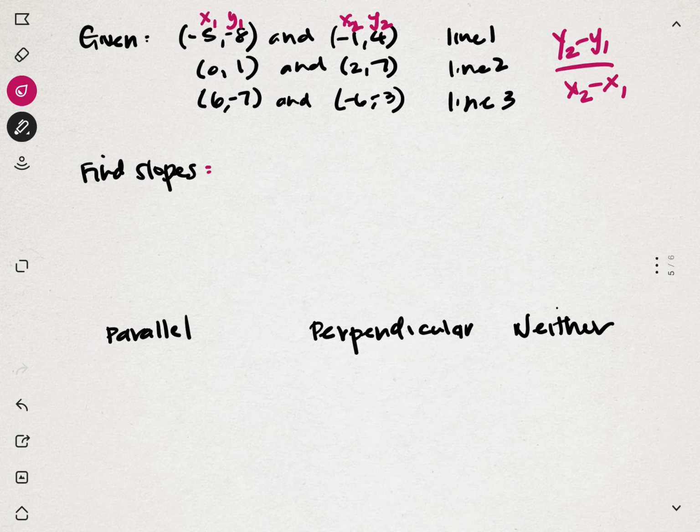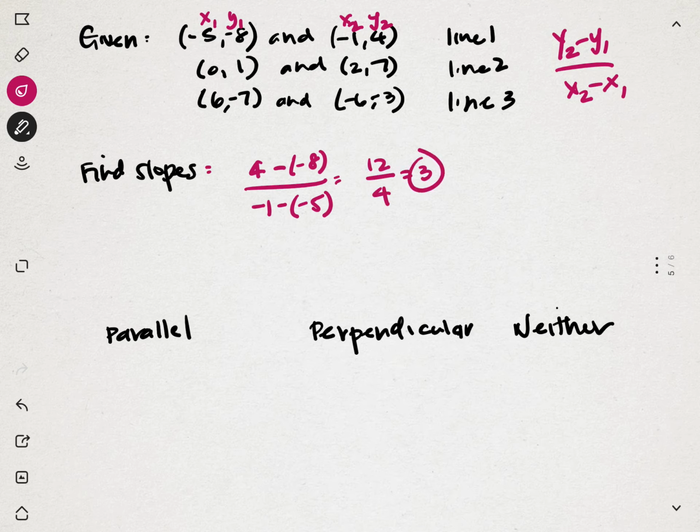All right, so for the first line, it's going to be 4 minus negative 8 over negative 1 minus negative 5, which is 12 over 4, which is 3.